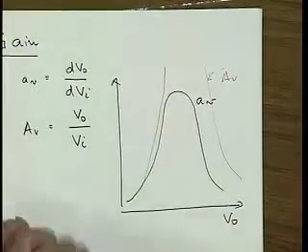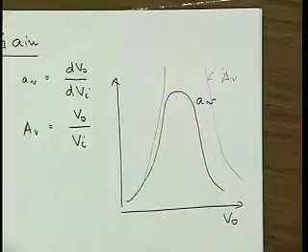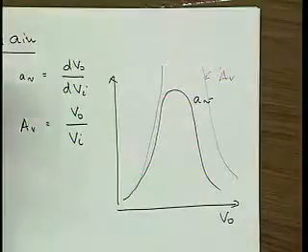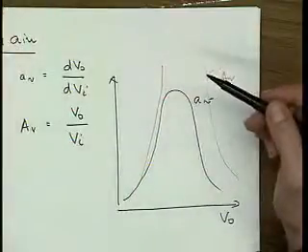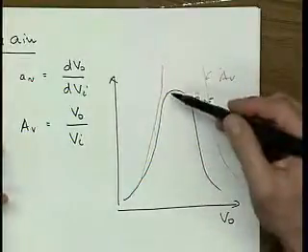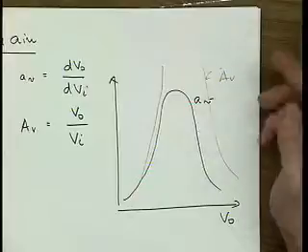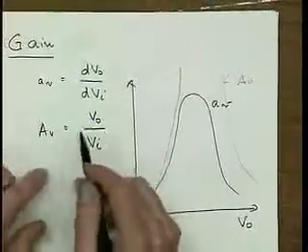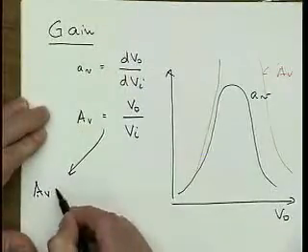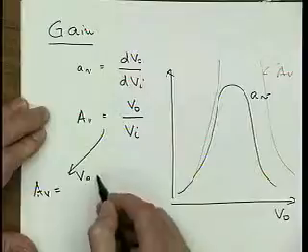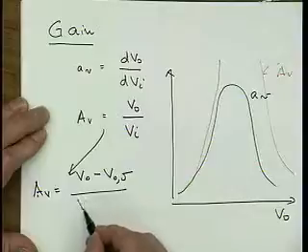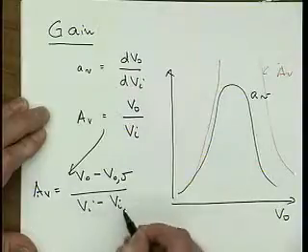And actually, the large signal gain was kind of wrong, because as some of you pointed out to me after the lecture, at the bias point, the small signal and large signal gain should coincide. And so really, the way we should calculate this is AV equals Vout minus Vout0 over Vi minus Vi0.